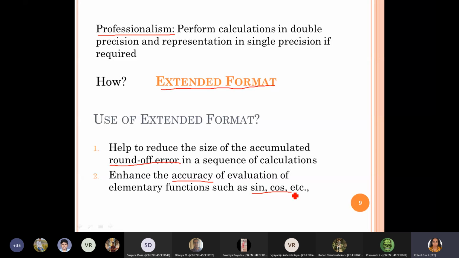So we are not going with the full-fledged double precision format if we are using single precision. Instead, we use the extended format with additional bits wherever required, do the calculations, and at the end of the function we just do the rounding, instead of doing rounding or truncation at every stage. Is that clear?